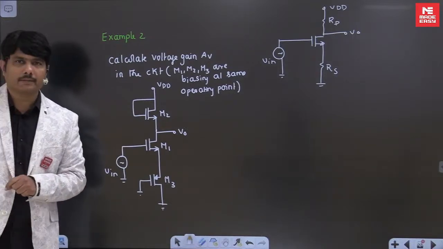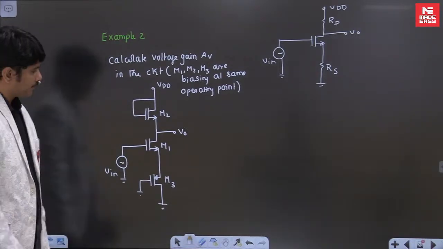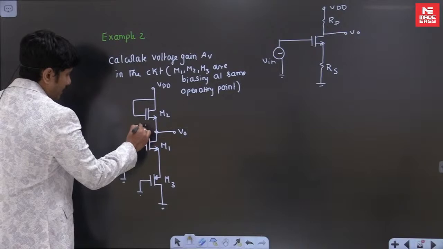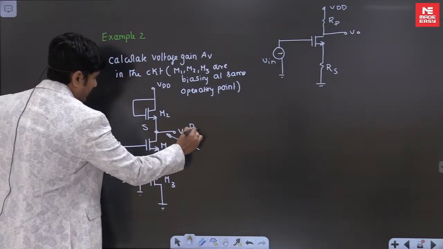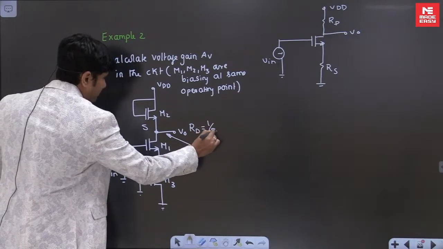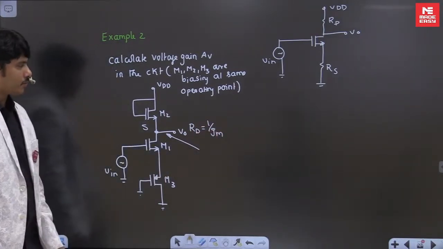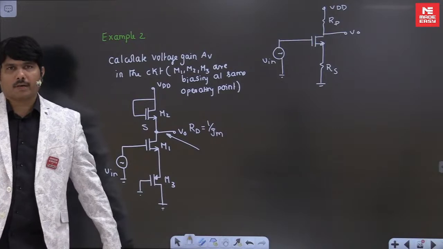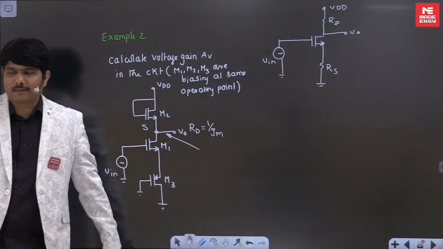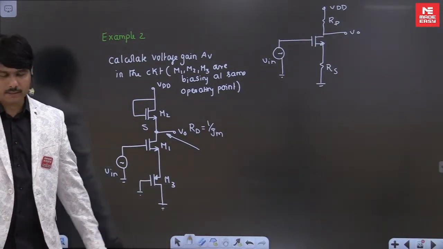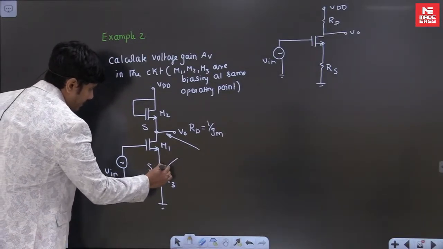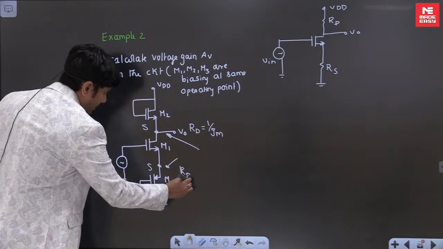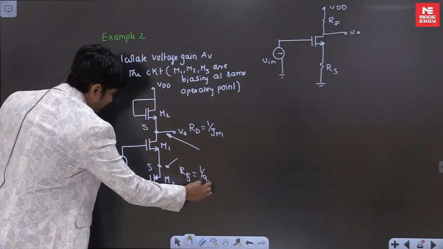Now your logic is what we have to substitute. At this point, we are seeing from the source, so whenever you see it, your RD will become 1 by GM. From the source, whenever you see it, the RD resistor can be replaced by an active load of 1 by GM. In the same manner, when you see from the source again here, RS is also becoming 1 by GM.